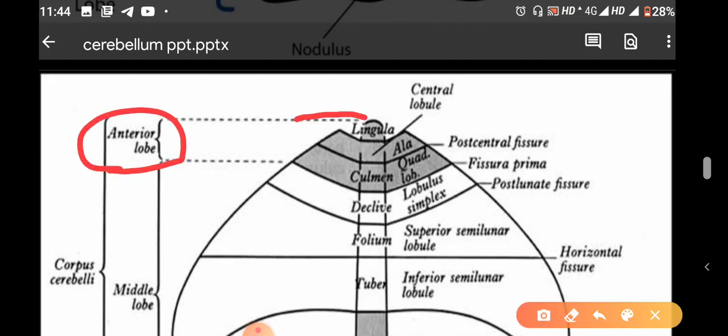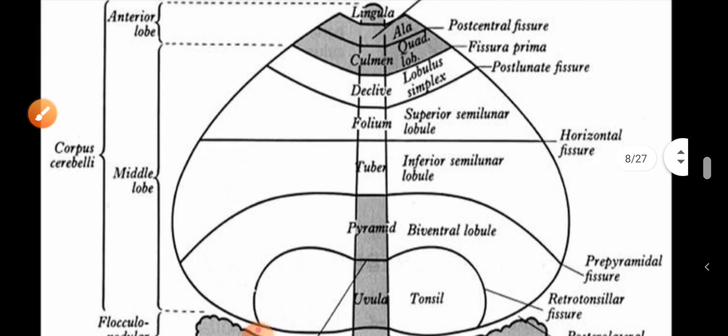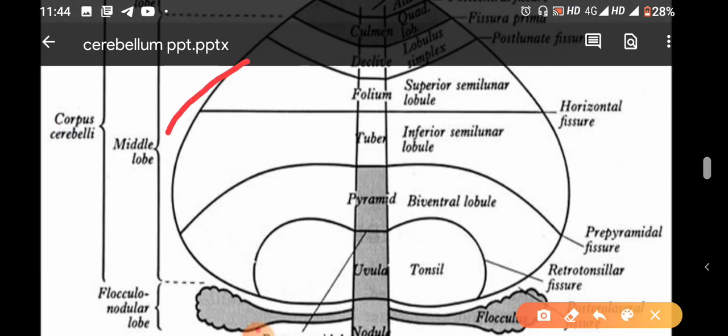So this part is the anterior lobe. Then there is a posterior lobe. So this part is the posterior lobe, and then there is a flocculonodular lobe. So these are the three lobes of cerebellum.